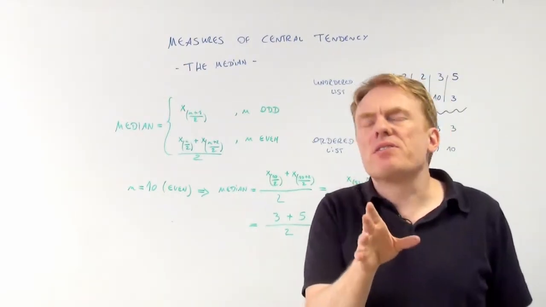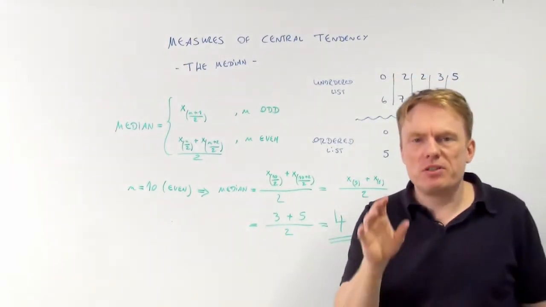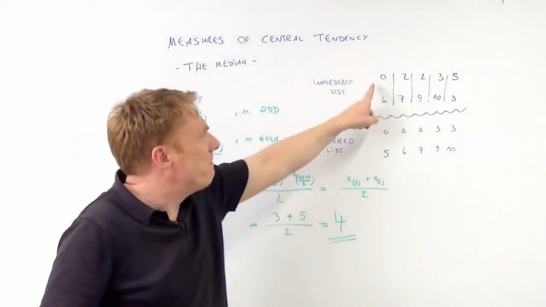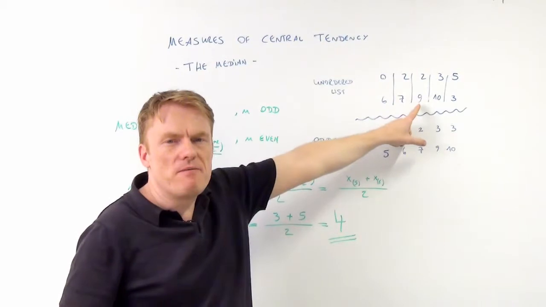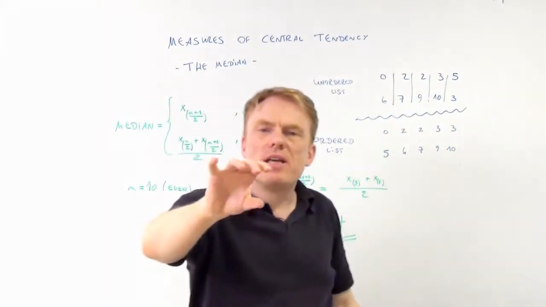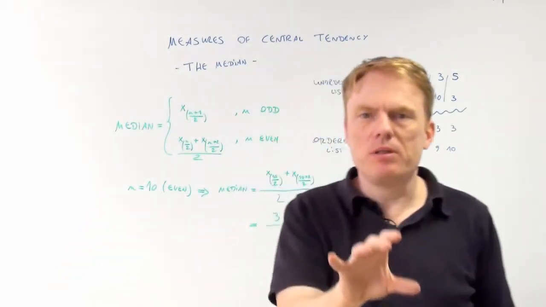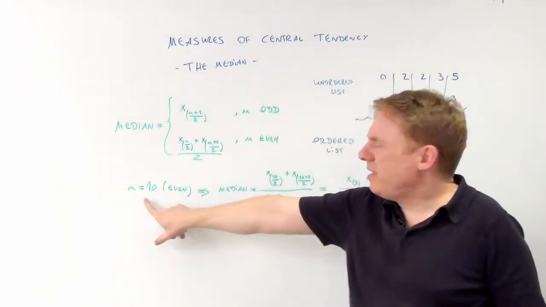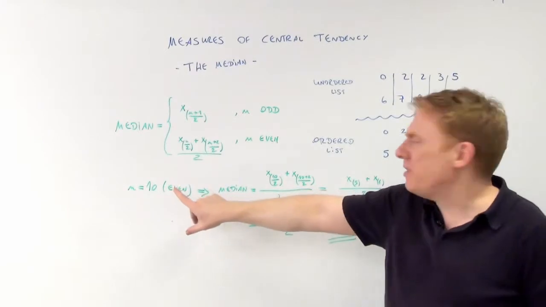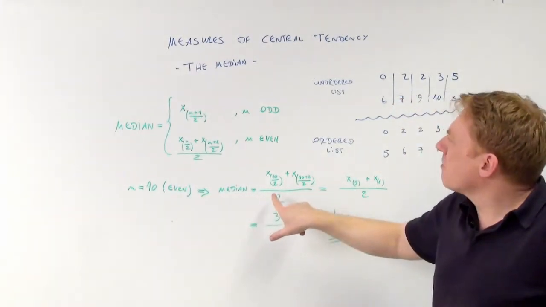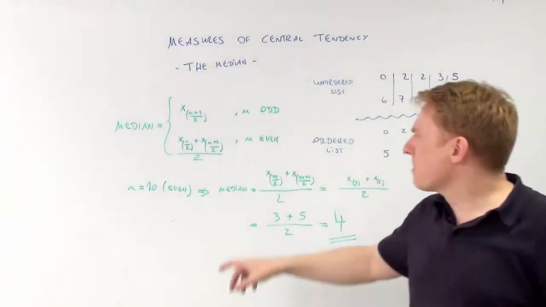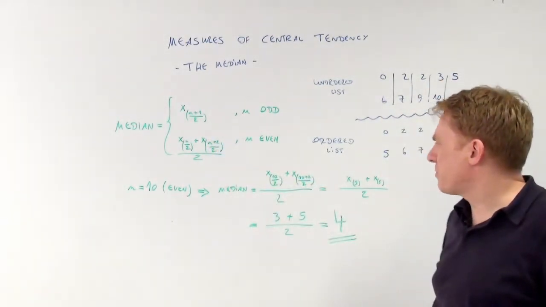Is n, the sample size, an even number or is it an odd number? Here we have 10 values. 5 here, 5 values here, so it's an even number. 10 is an even number. Which means, since n equals 10, and since 10 is an even number, the median is defined as the arithmetic mean of those two values.